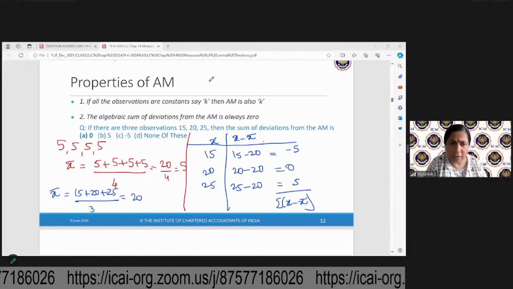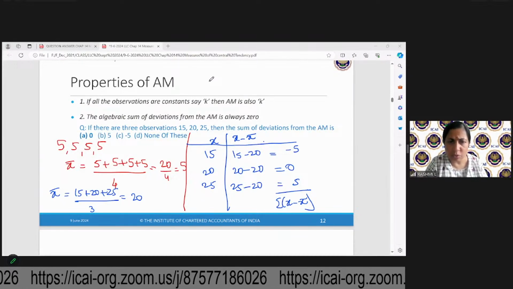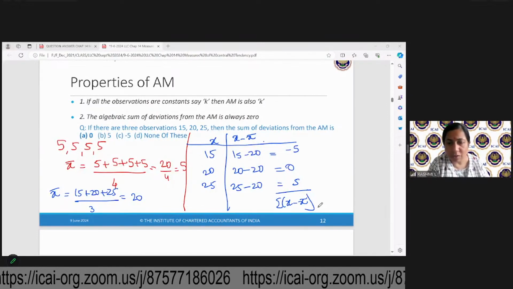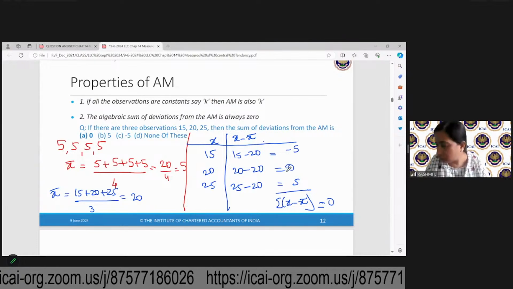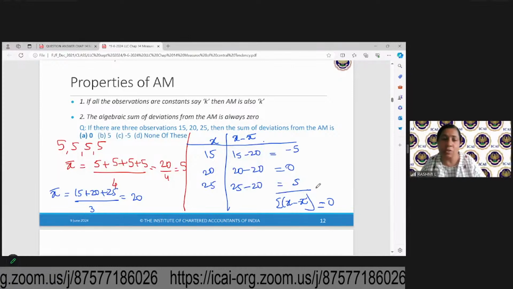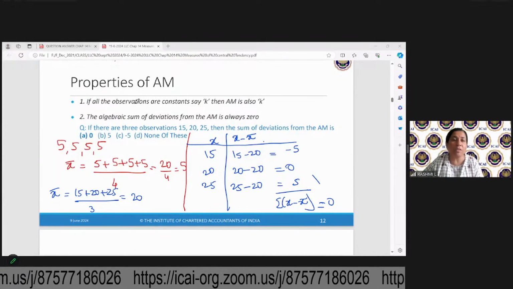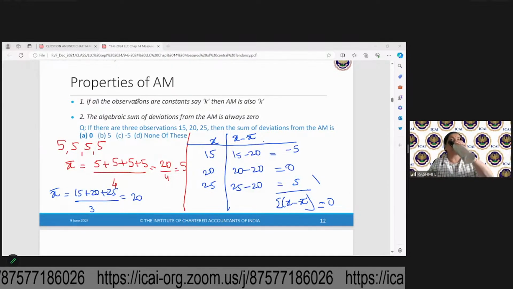The answer will be 0, because minus 5 plus 0 is minus 5, and minus 5 plus 5 is 0. So have you understood these two properties? If all the observations are constant, then the arithmetic mean is also the constant number.